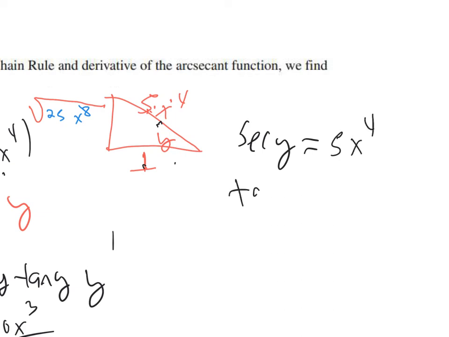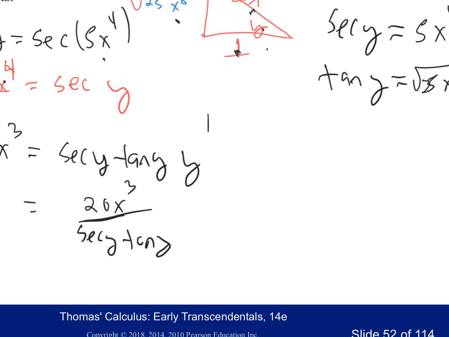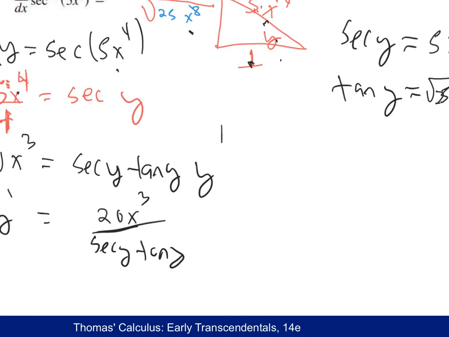What is the tangent of y? Tangent of y is opposite over adjacent. That's the square root of 25x to the 8th. So I go over here and plug that in.